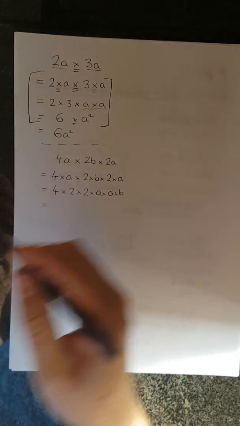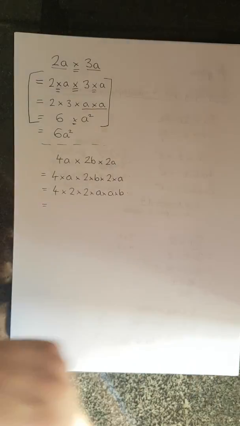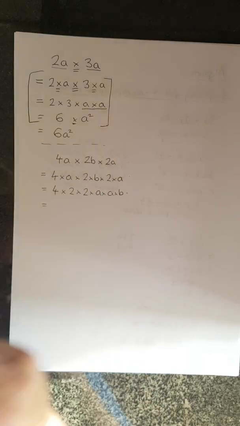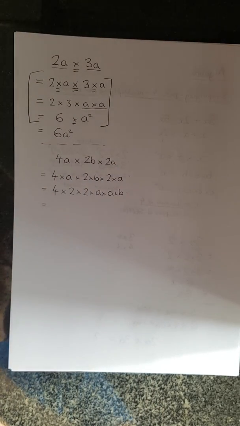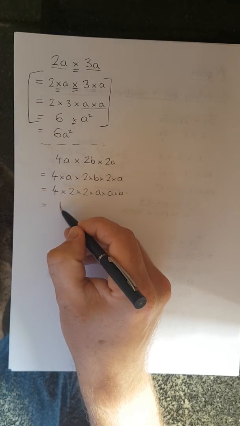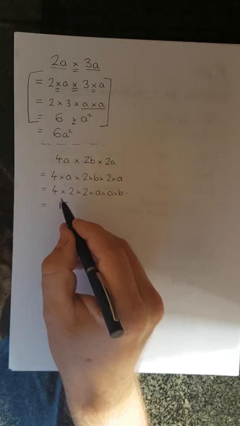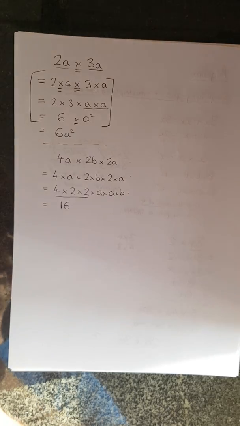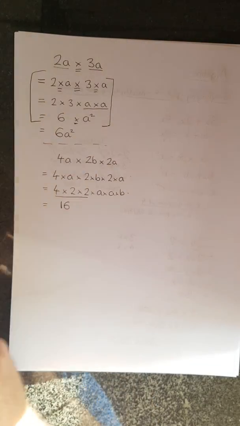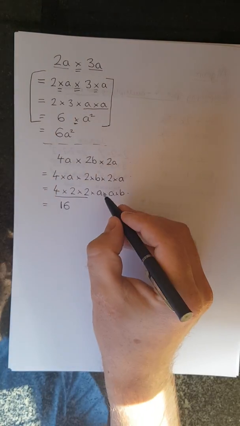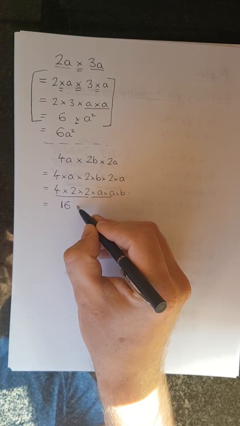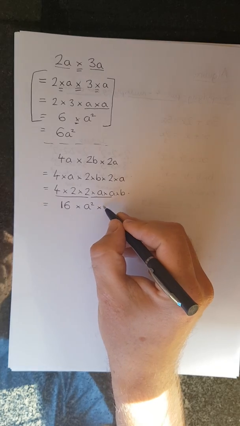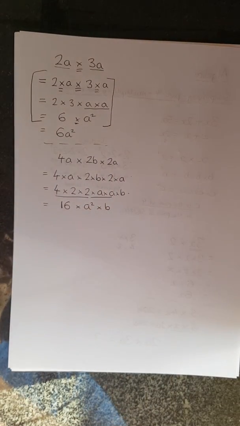Okay, so we've written it all out and put them in order so we can collect them together. You can also do it by circling them like we did on the previous videos for adding and subtracting. Those 3 give me 16. 4 times 2 is 8, times 2 again is 16. The next 2 give me a squared. And then I have times by b on the end.